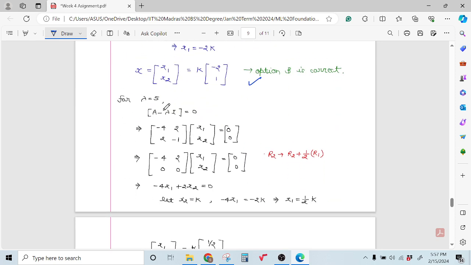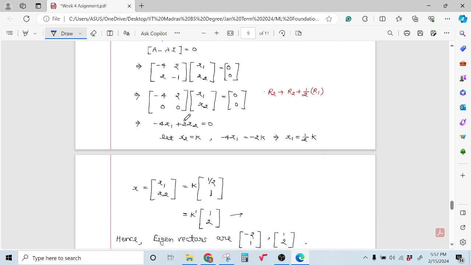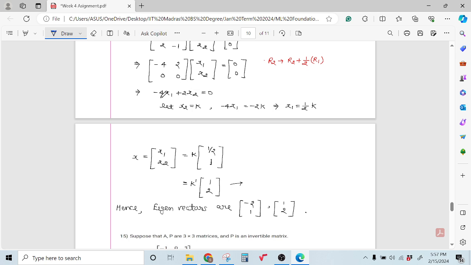Okay, for lambda equal to 5, again (A minus lambda I)x is equal to 0, and by solving this equation we got this, and by applying a row operation on the second row, we got this. Converting the above matrix equation into a linear equation, we got minus 4x1 plus 2x2 equal to 0. Again, suppose x2 is equal to k, the corresponding x1 value will be k by 2.